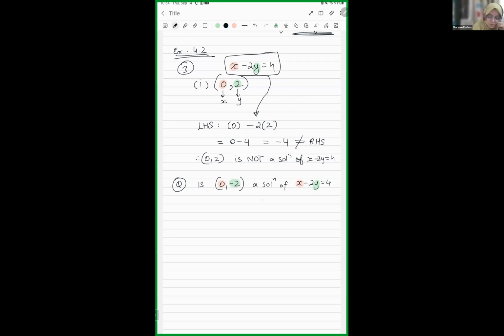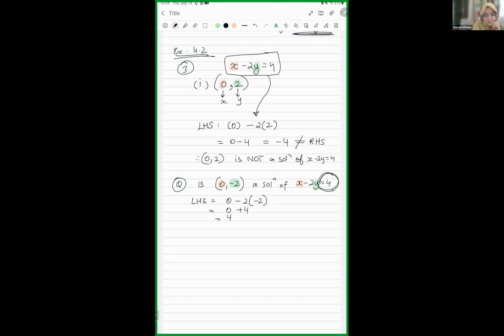Good. So we will first write LHS is equal to 0 minus 2 times minus 2. Now what does this become? 0 minus minus 2 times 2? Plus 4, ma'am. So 0 plus 4, and this is equal to 4. Is this equal to the RHS or not?